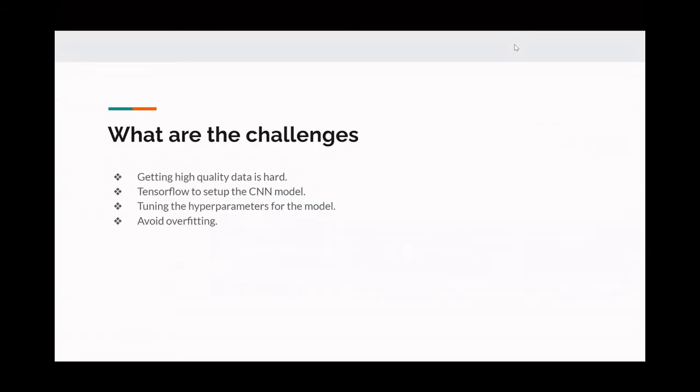The first challenge we had is to get high quality data. The common facial expression datasets online are often video clips, which are unsuitable for our purpose, or images that are too small, usually around 30 by 30 or 40 by 40.